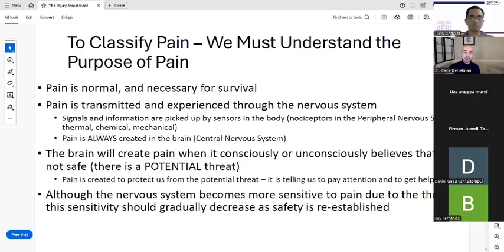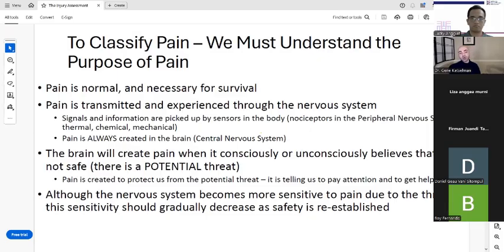But they only pick up that information. Nociceptors do not actually pick up pain. They just pick up that information. Then they send that information to the brain, and pain is always, 100% of the time, no matter what, created in the brain itself or in the central nervous system.